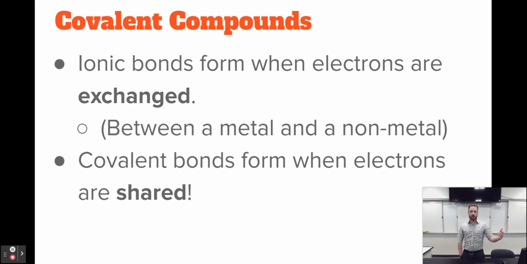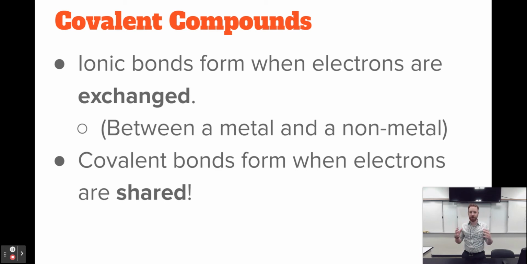Well, so far, we've talked about, okay, if those two things want to gain an electron, they've got to find some other atom from the other side of the periodic table that wants to lose an electron, and that could give them an electron. But they don't have to do that. If two atoms that both want to gain an electron, or sometimes more than two, that all want to gain electrons, if they can find each other, what they can do is they could share electrons.